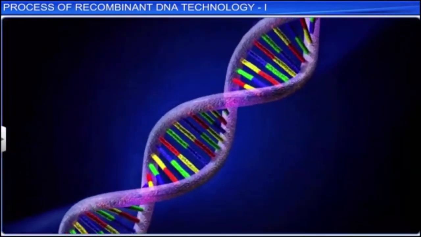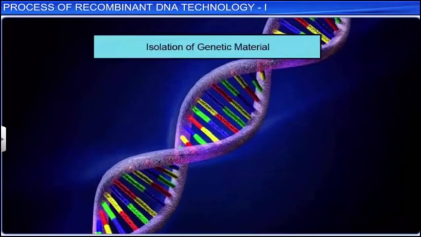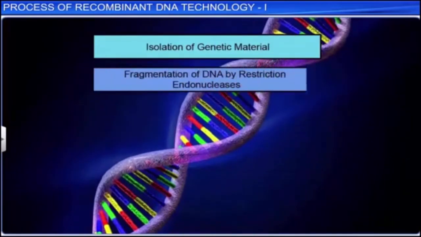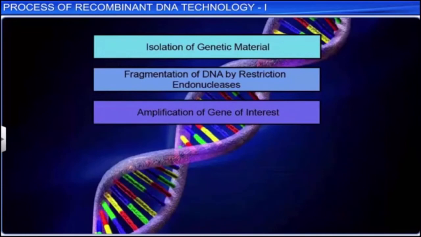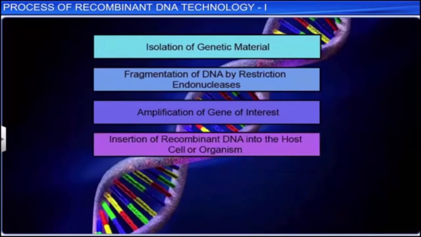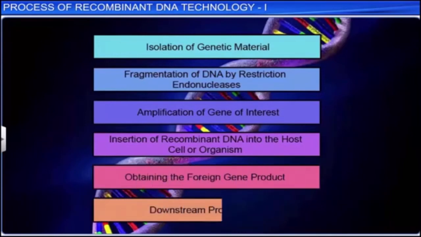In order of sequence, these steps are isolation of genetic material or DNA, fragmentation of DNA by restriction endonucleases, amplification of the gene of interest, insertion of recombinant DNA into a host cell or organism, obtaining the foreign gene product, and downstream processing.